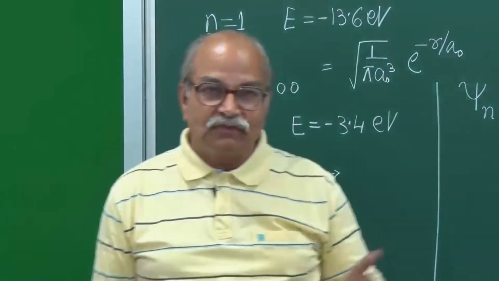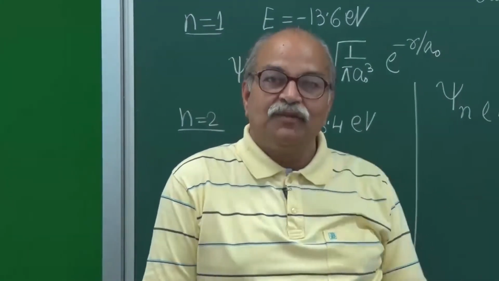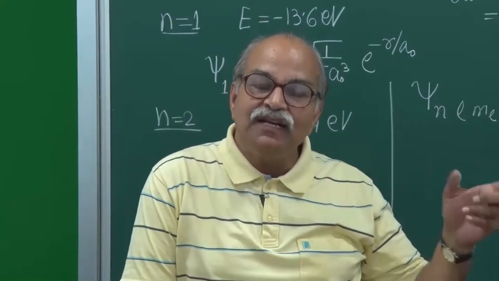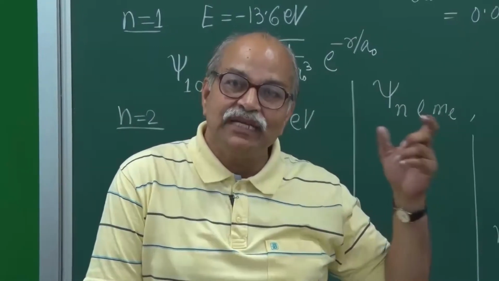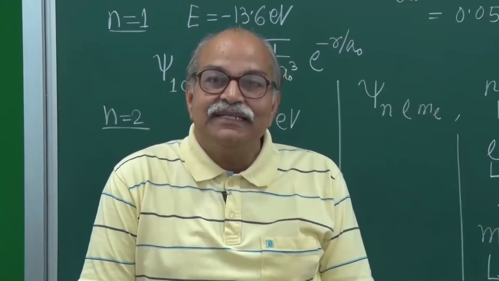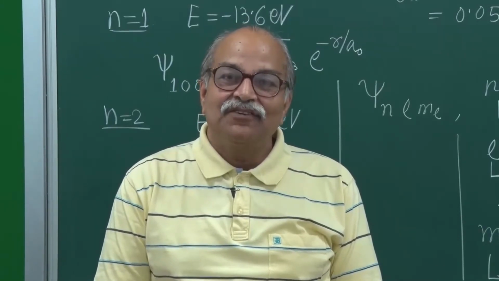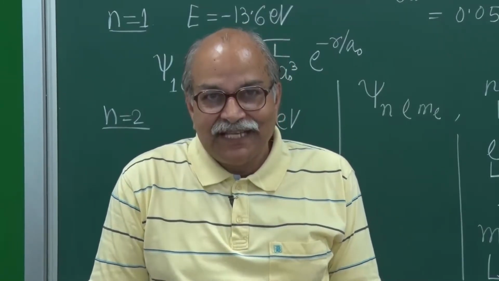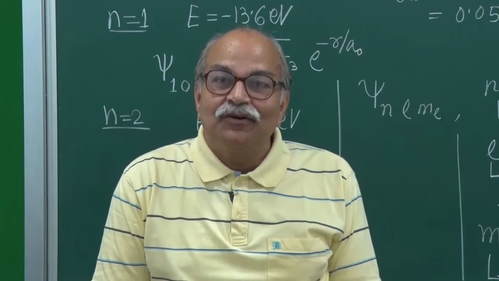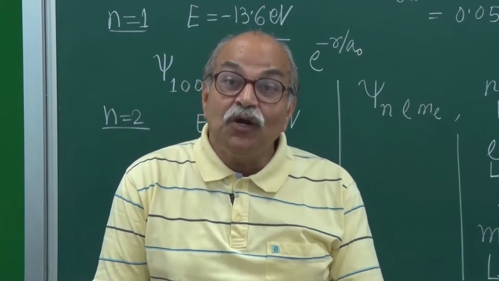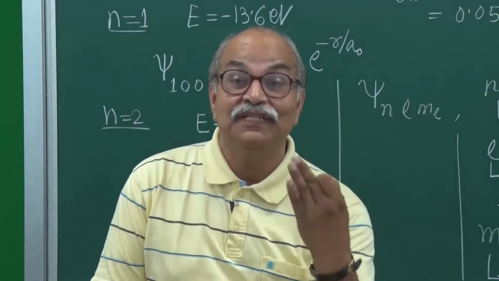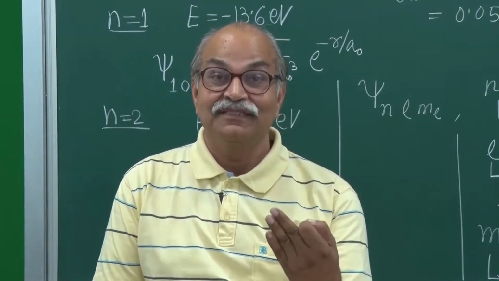Okay, so we wrote about orbital angular momentum, and I specified that that word has to be there because there is another kind of angular momentum which electron possesses, and that angular momentum is not related to any motion of the electron. That's the best part of it.